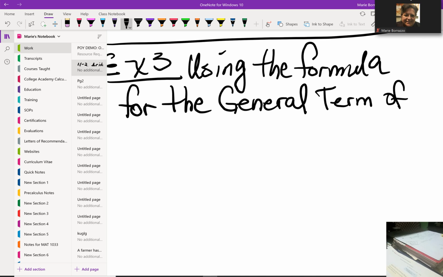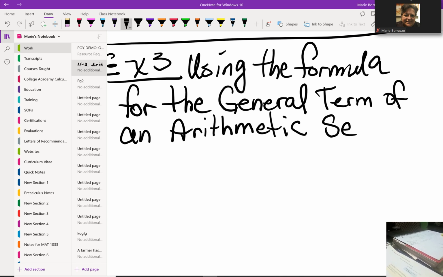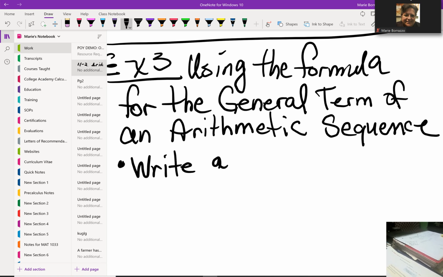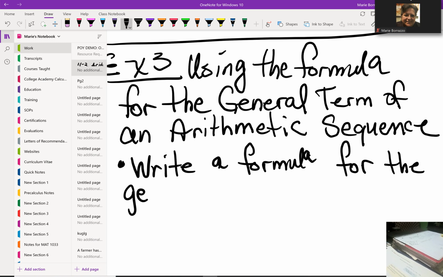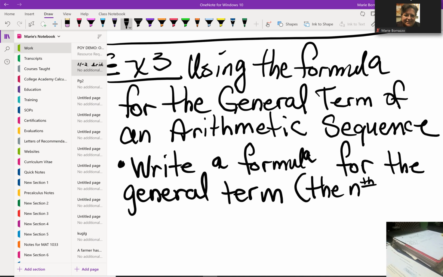The question actually says, write a formula for the general term, or the nth term, of the arithmetic sequence.